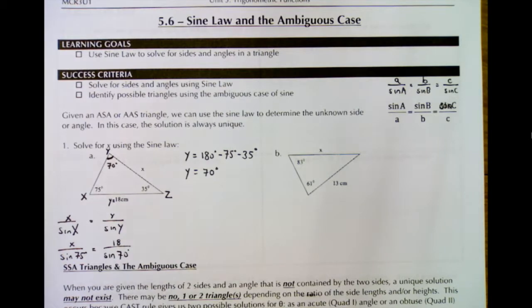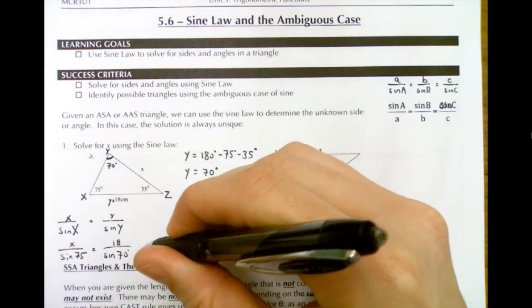And now our last step is we need to isolate for X. To rearrange this equation, we need to isolate for X. And to isolate for X, we need to get rid of the divide by sine 75. And the way we can do that is multiply both sides by sine 75.